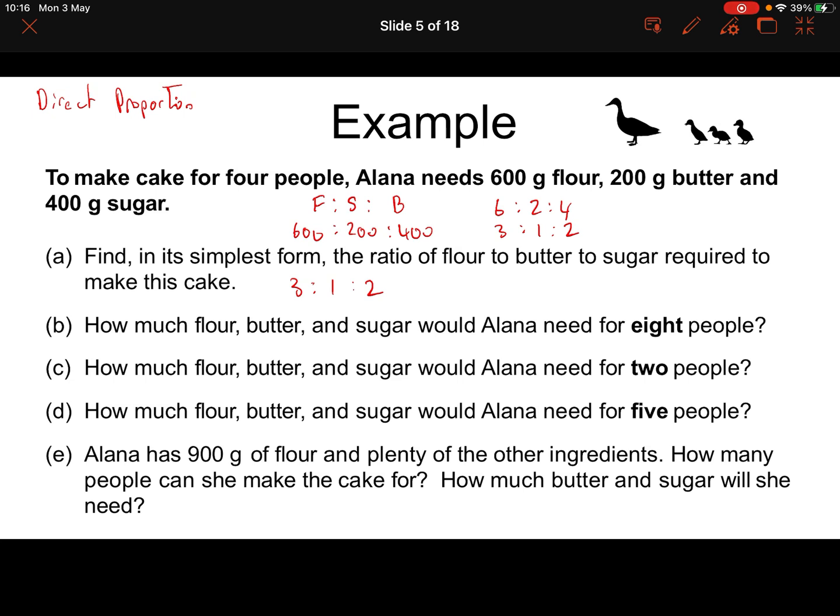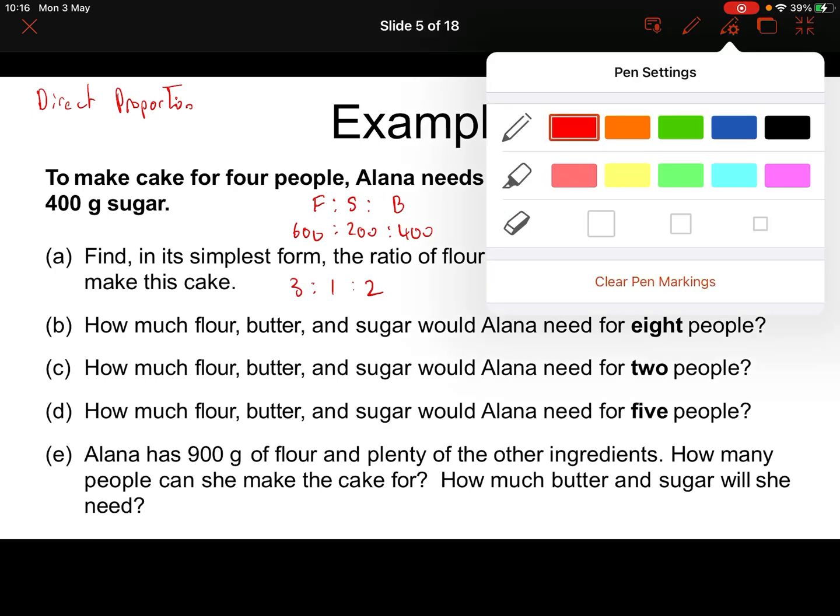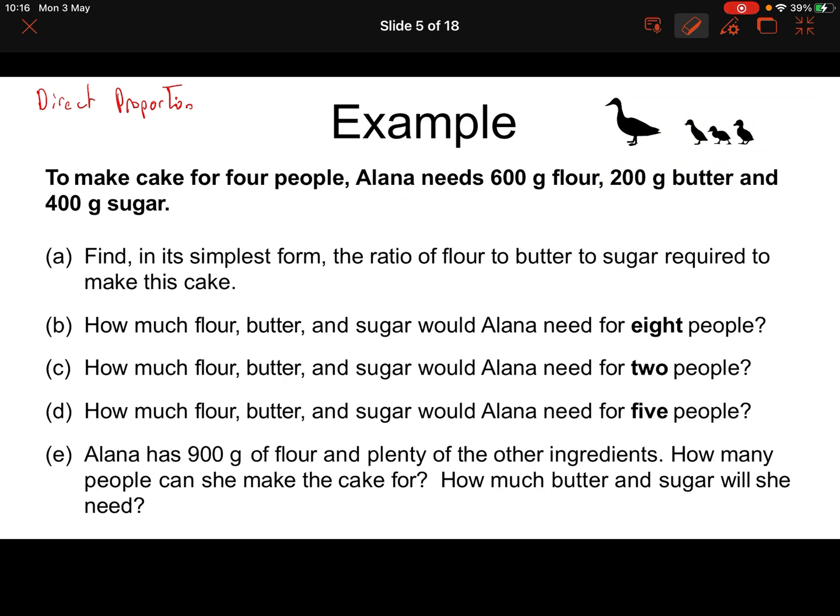Now, how much flour, butter and sugar would Alana need for 8 people? Let's just clear some space here. 8 people. So what we know is that this 600 to 200 to 400 actually feeds 4 people.